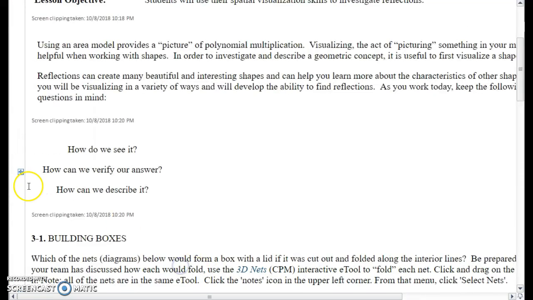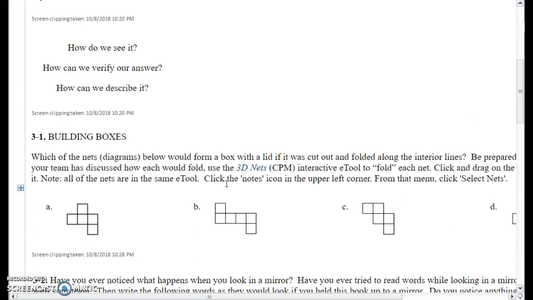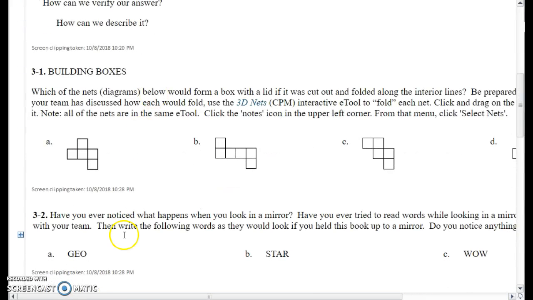And so as you work today, three questions you can be asking yourselves. How do we see it? How can we verify our answer? And lastly, how can we describe it?